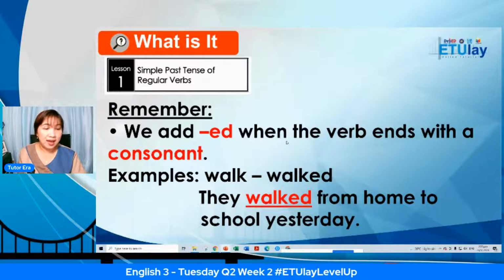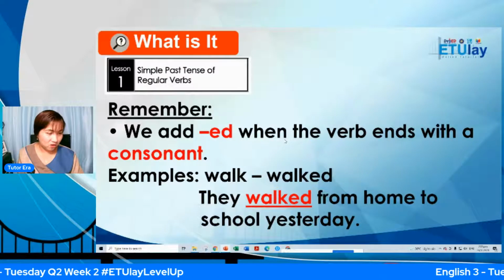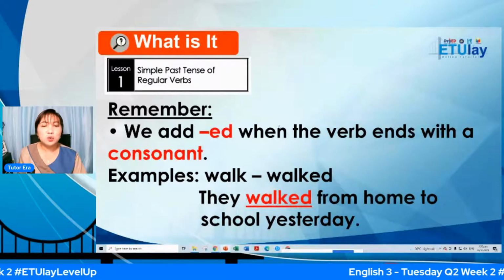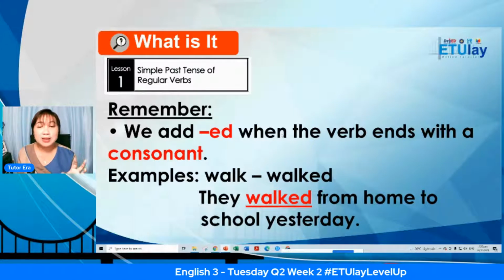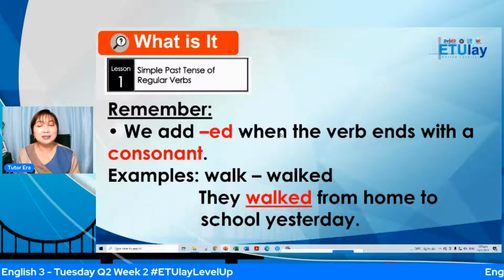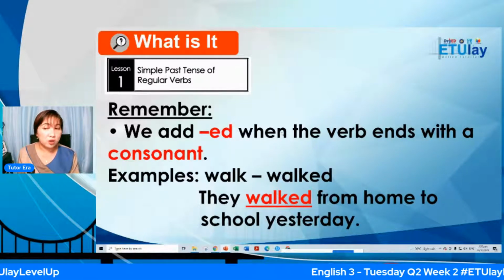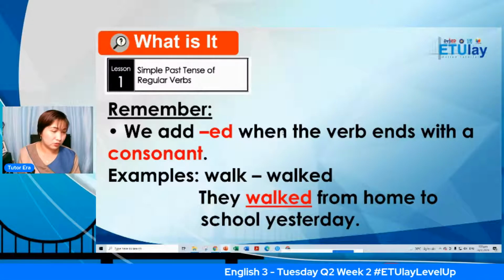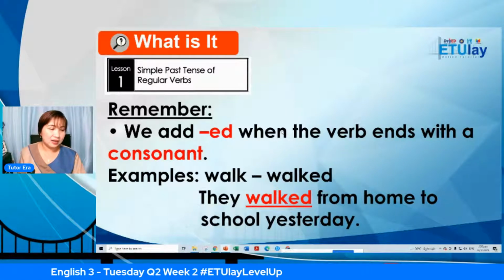We have the B, C, D, and others. All right. So in this example, walk is the verb. Since it ends with a consonant K, we will add ED to form its past tense. So the sentence goes, they walked from home to school yesterday. Thank you, Clinda, for your answer. Yes, you are correct.